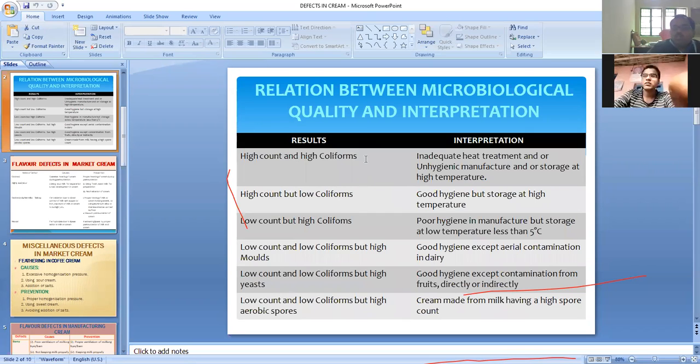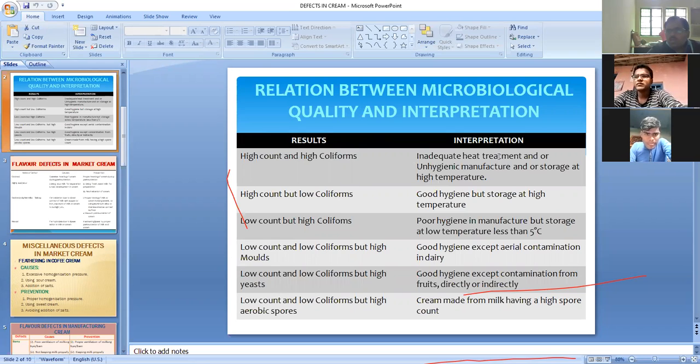So this defect, high count and high coliform, means the cream is under heat treatment, or the industry is not following the hygienic method of manufacture, or we cannot keep the cream at lower temperature. So this is the interpretation on the basis of their result.